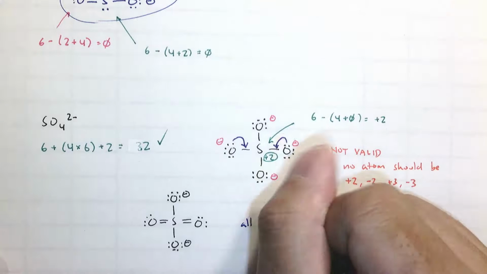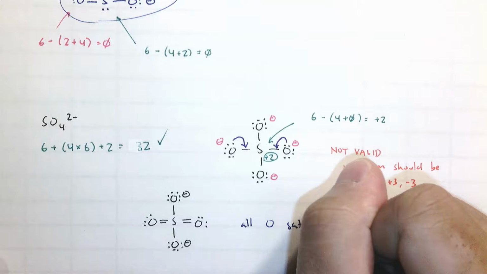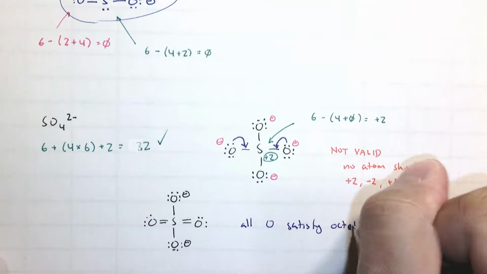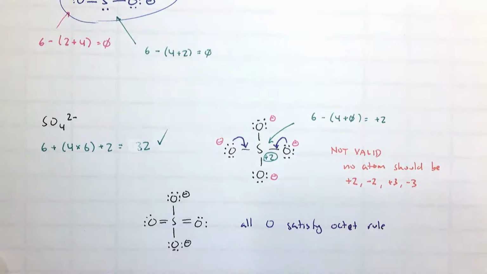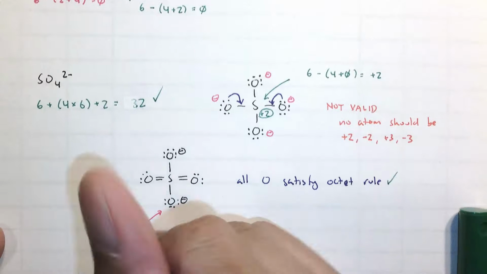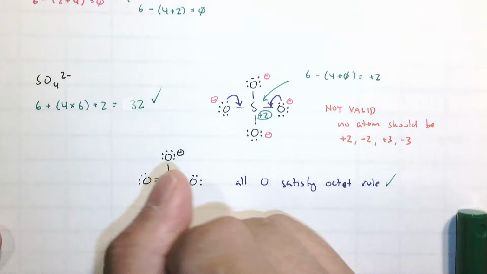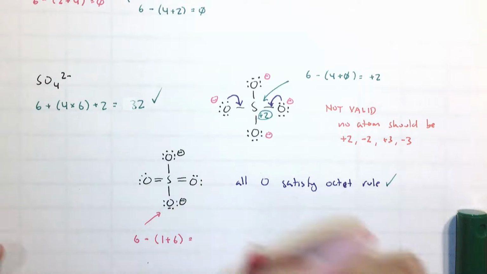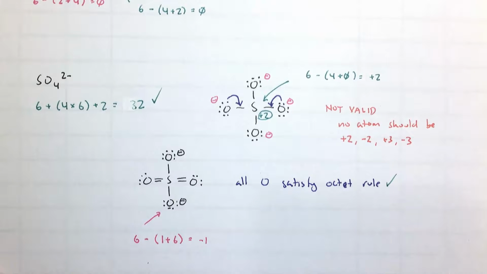Okay. So all oxygens satisfy the octet rule. That's a check. And you could double check here. This oxygen, 6 valence electrons minus sticks plus balls equals -1.